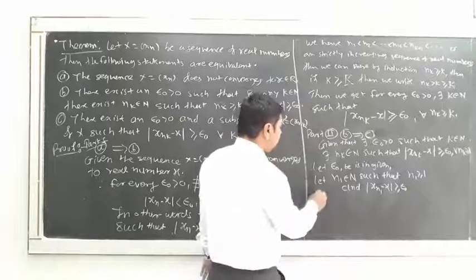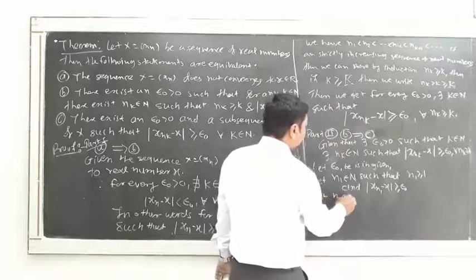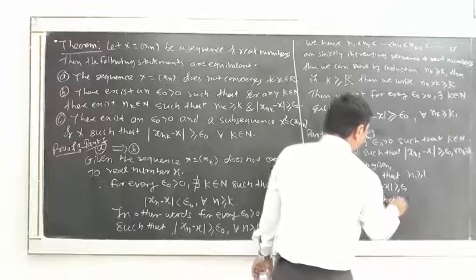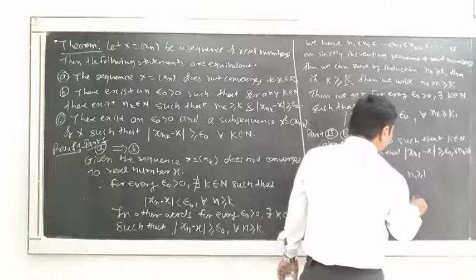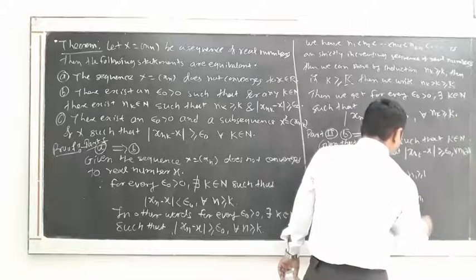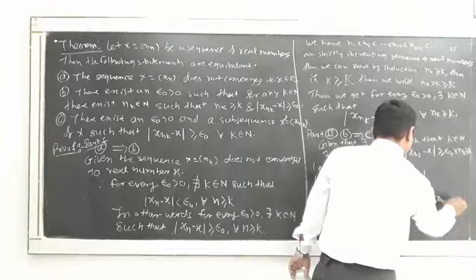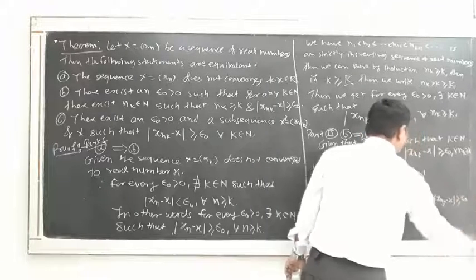Similarly, let n2 belong to the natural numbers such that n2 is greater than or equal to n1, and mod of xn2 minus x is greater than or equal to epsilon 0.